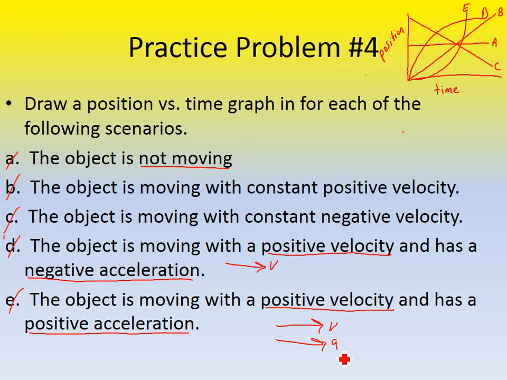It's got to be speeding up, going to the right. So on E, you'll notice that the slope at the beginning is very shallow. It's almost no slope here. But then as time goes on, the slope gets steeper and steeper. So it's speeding up. Slope's positive, going to the right and speeding up.